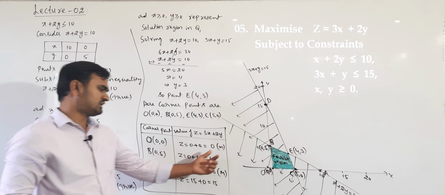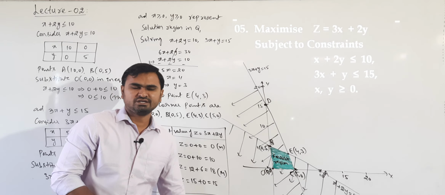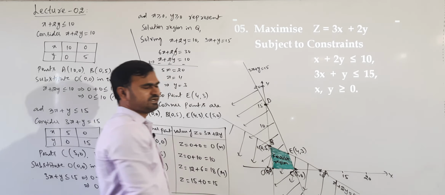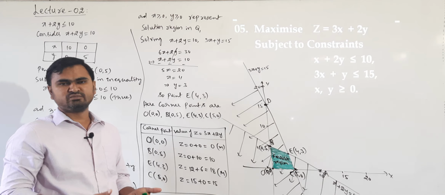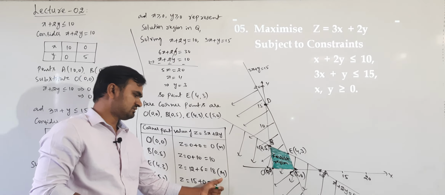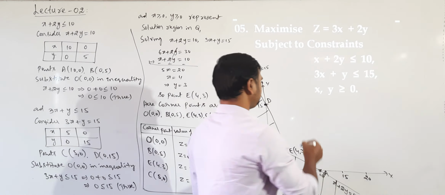Let us denote them by small m and capital M. Now here observe that the feasible region is bounded. So in case of a bounded feasible region, what we know is both the minimum and maximum exist, and small m is the minimum value, capital M is the maximum value.